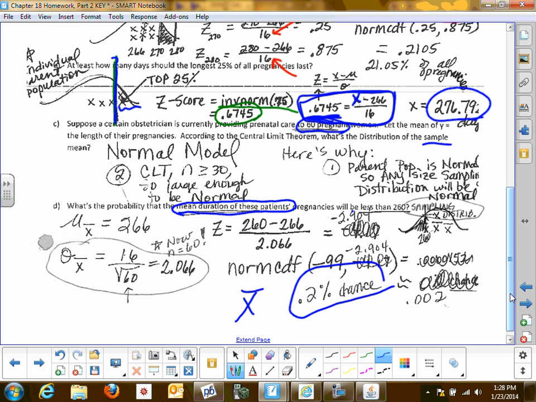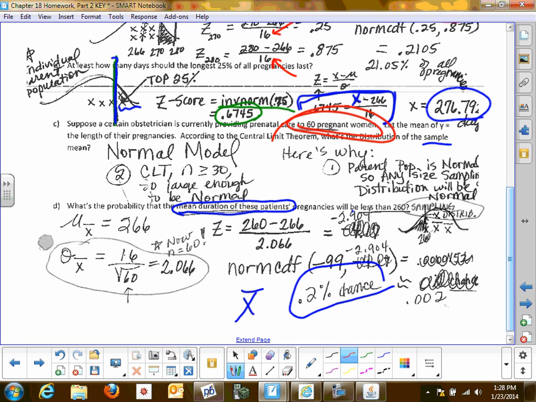Alright. So, 25C says this. Suppose a certain obstetrician is currently providing prenatal care to 60 pregnant women. What has that statement just now done to this problem?